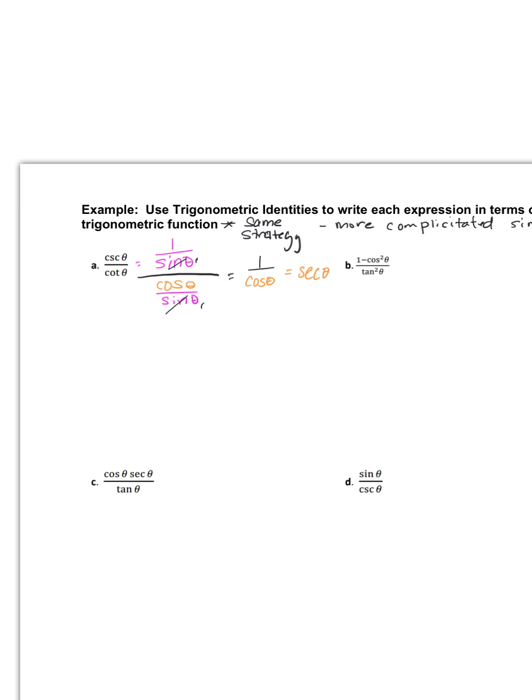Now, the second way is that we're just used to this being a fraction divided by a fraction. So what we do is you keep the first one, and then you multiply by the reciprocal of the second fraction. So the first fraction stays the same, 1 over sine theta, times the reciprocal of the second one.